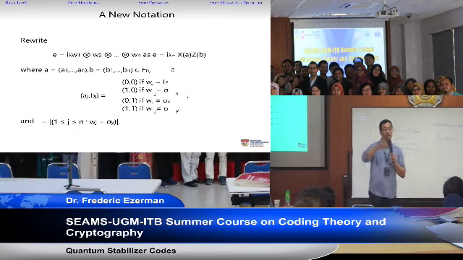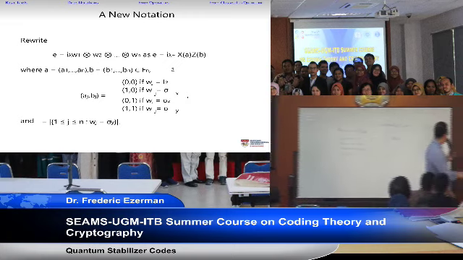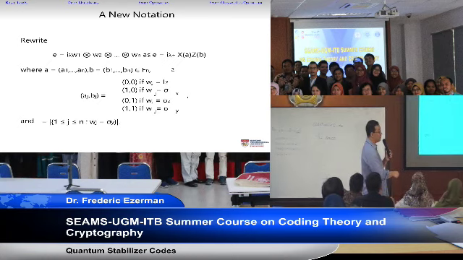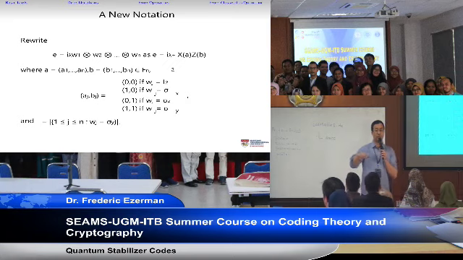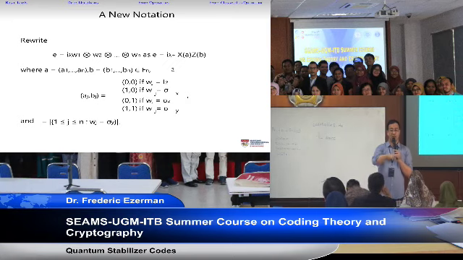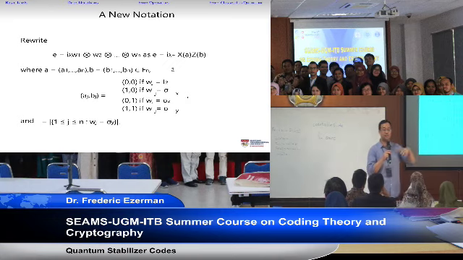Remember, when you mod it out, the center contains I raised to lambda, right? And at some point we will just discard it. When we take the center, this part gets discarded. And now we are going to keep track of the error operator just by looking at the A and B vectors. So far clear? You know a little bit now how to handle errors in terms of strings.